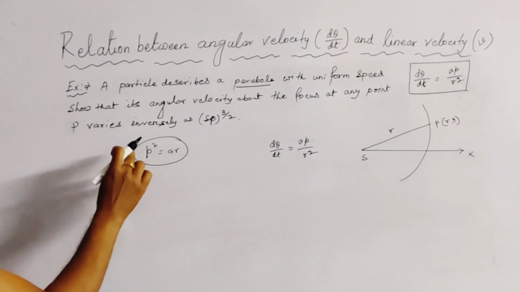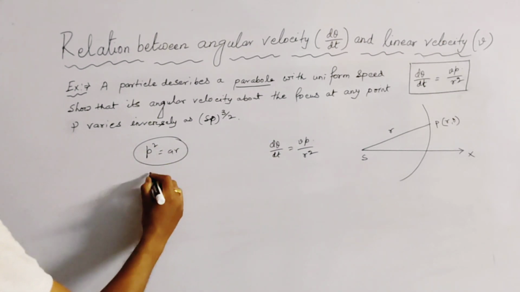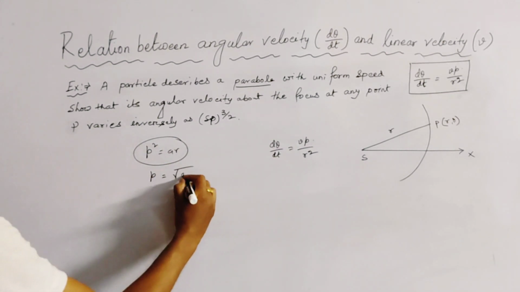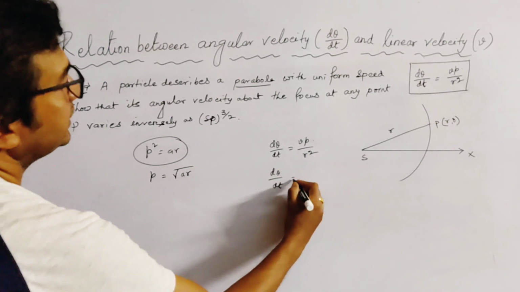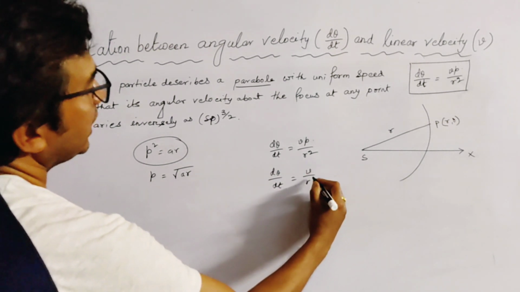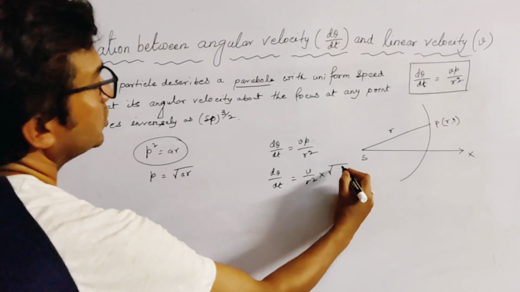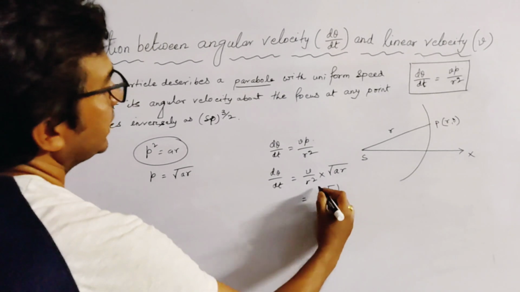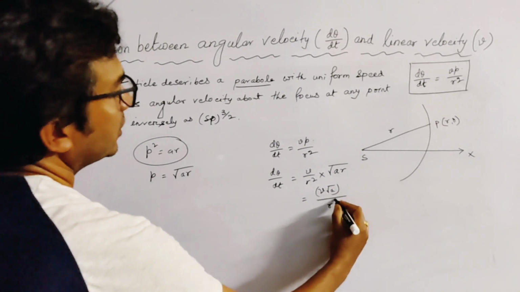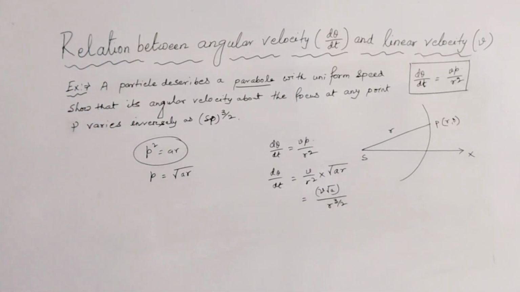Now we put the value of p here: p is equal to root under ar. So dθ/dt is equal to v by r² into root under ar, so v into root a by r to the power 3/2.